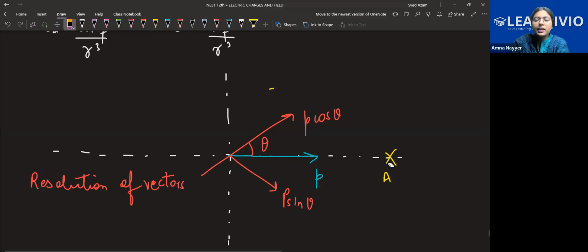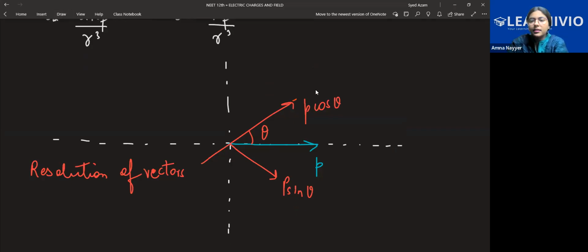I am giving you a point at a little angle from this dipole. Let's say along the axis of this P cos theta, here we are getting the resultant electric field at this point. So this is not axial, this is not your equatorial. So what is this? This is the electric field due to a general point.